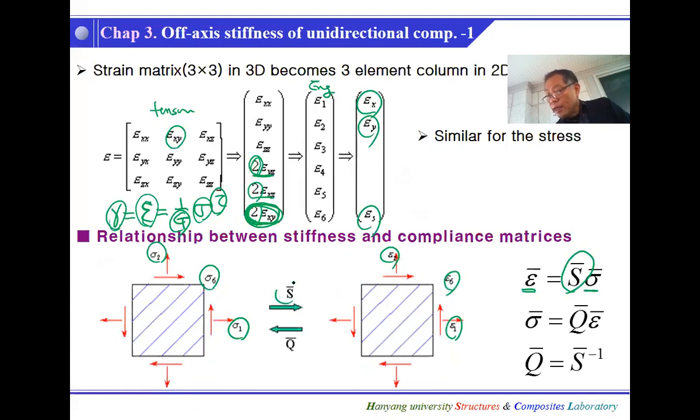So this is the compliance. So we multiply this S and sigma, and in terms of stiffness, we invert this compliance, and this is the stiffness matrix Q. Now we understand why there's a bar. Bar stands for off-axis. Okay, just bar stands for off-axis.